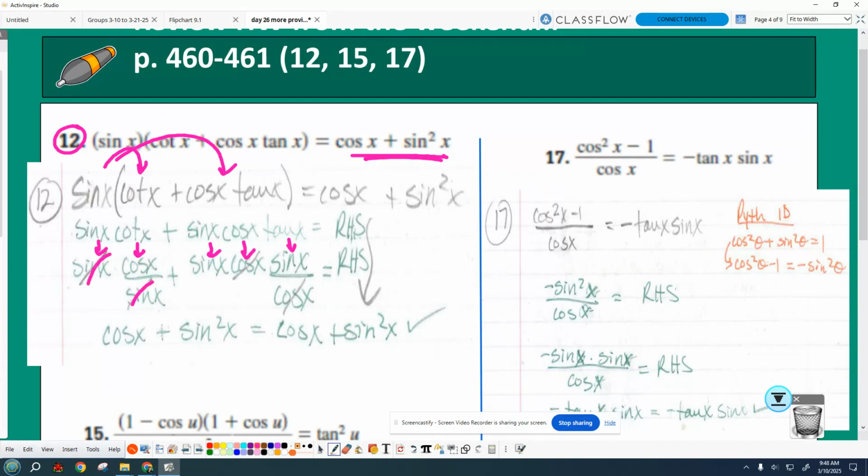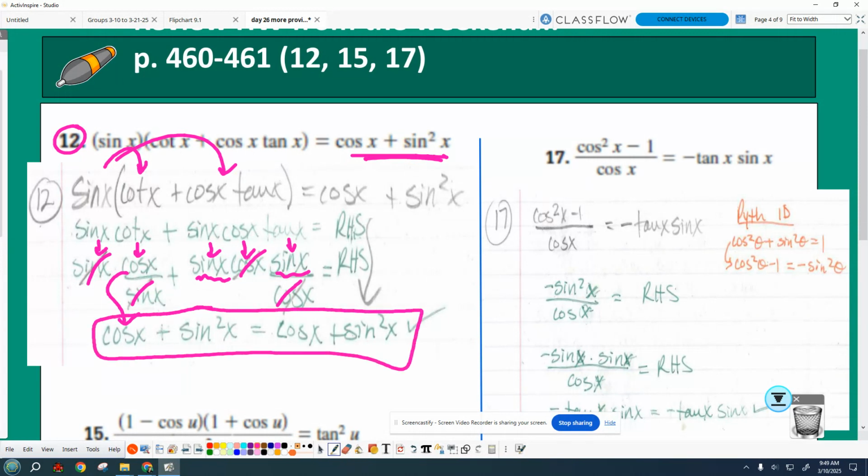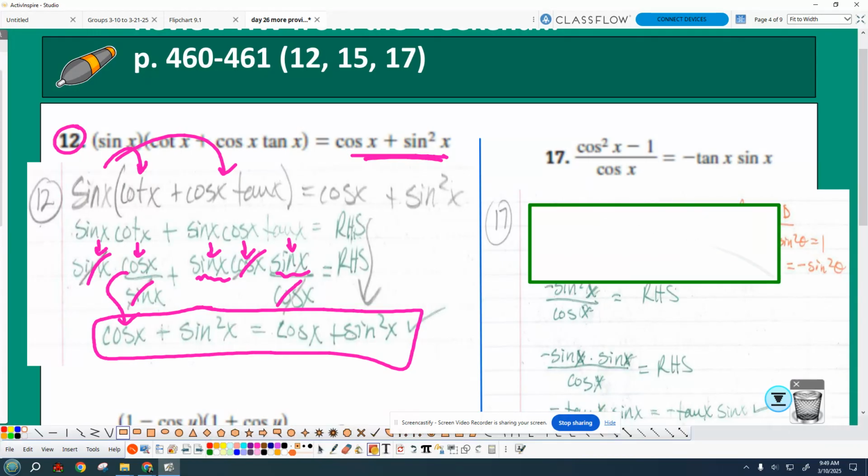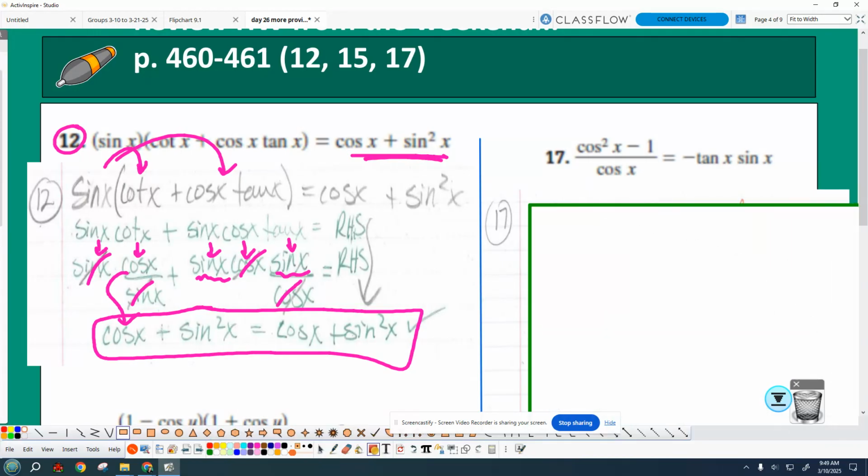One of those cancels, one of these cancels, and I'm left with just cosine here and over there, sine times sine. So I get, those guys are equal. Does that work? All right, Leo, what about this one? They both kind of stink.